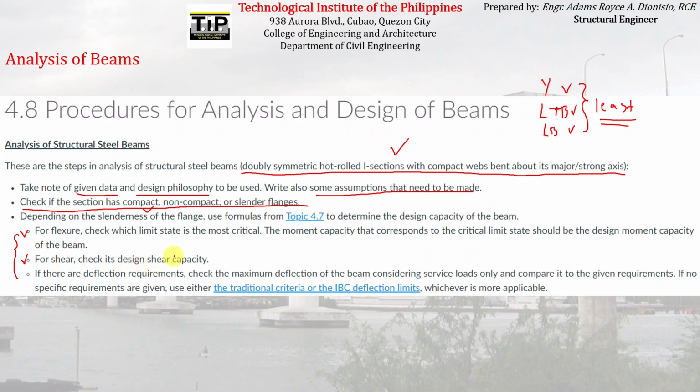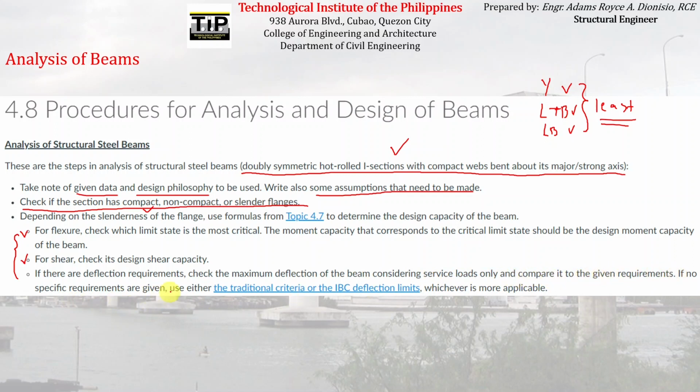You have to get its design shear capacity, as well as check if the corresponding deflection produced by the given steel beam is within the allowable deflection specified by the code. So you have to check the maximum deflection of the beam, considering service loads only, and then compare it to the given requirements.